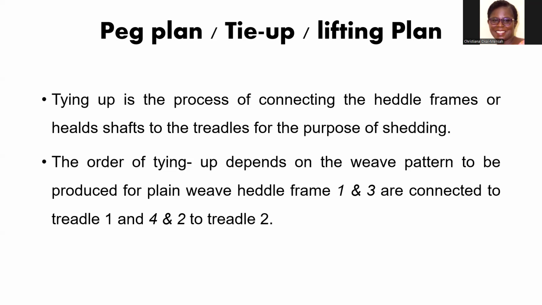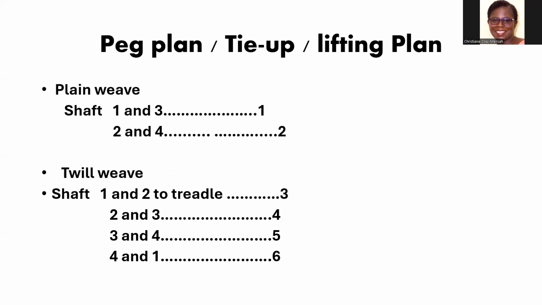When you are doing the tying up, it's 1, 3 to treadle 1, 2, 4 to treadle 2. Odd numbers and even numbers. Let me explain it further here. So this is the peg plan for plain weave.